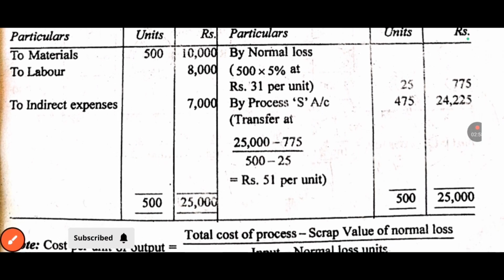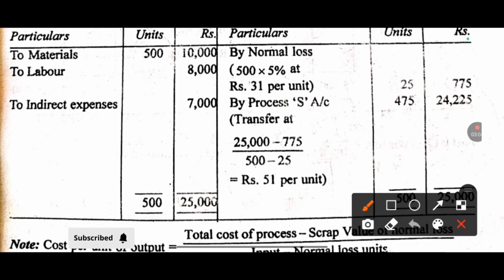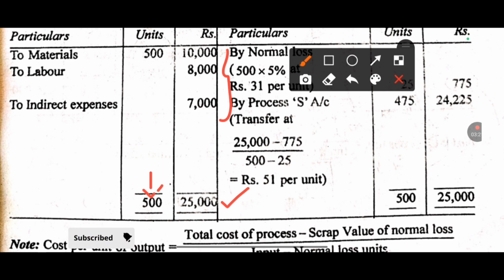After entering, we need to find out the input total. The input unit is 500, then sum of all the input cost. After adding all the input cost, you will get the total input cost is 25,000 rupees. The same total will always be entered on both sides, debtor side and creditor side. You know very well, right?